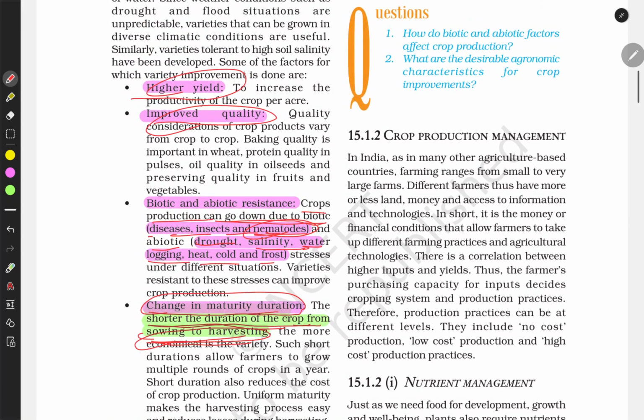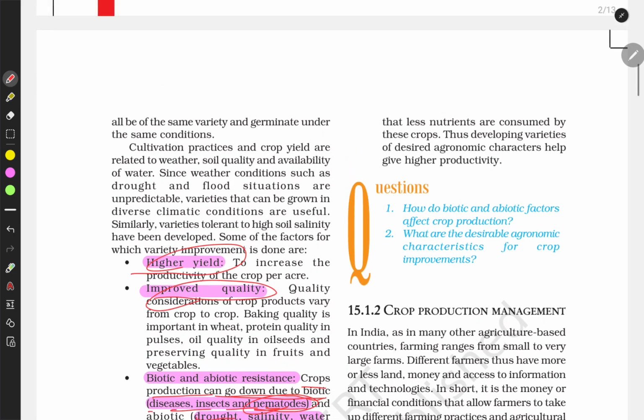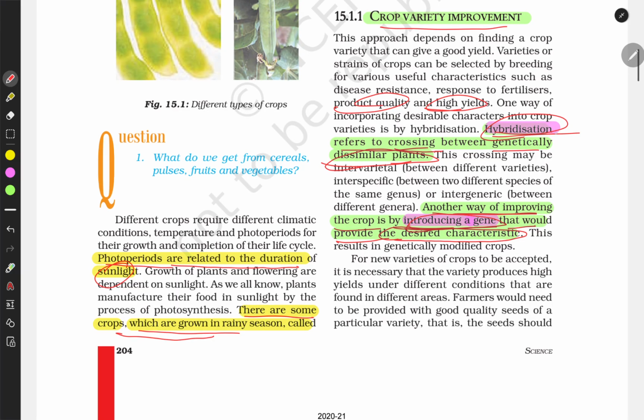In view of these goals, we develop techniques to improve the plant, done by artificial hybridization, where we combine different varieties of crop to get desirable saplings. It can also be done by introducing a new gene. Although hybridization is much simpler and cost effective.